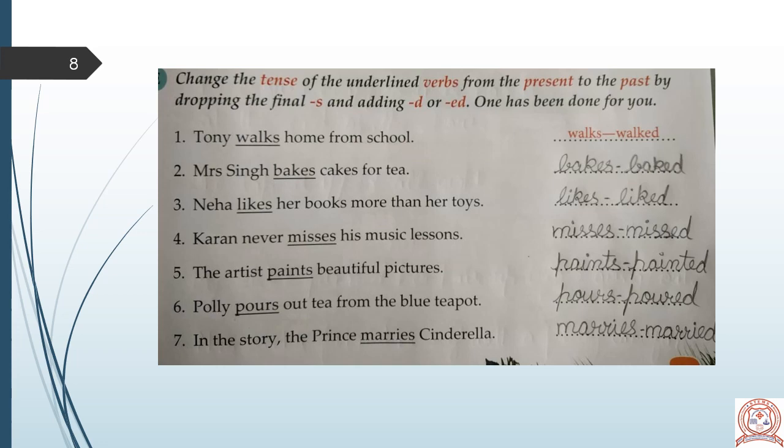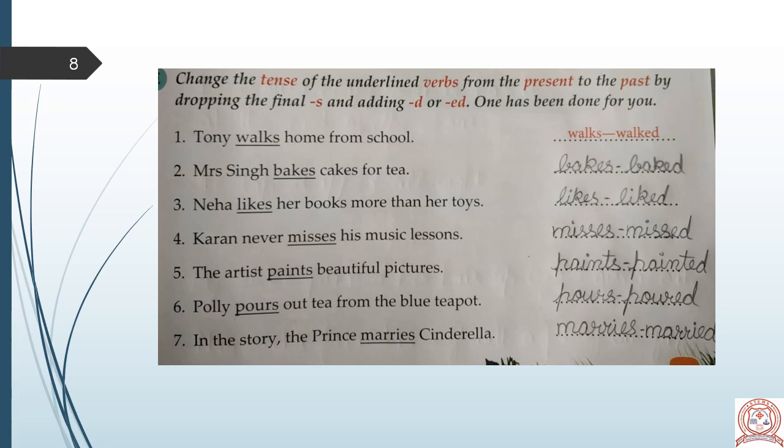Miss Singh bakes cake for tea. Bakes, bakes, and we have to remove S and it will become baked. Neha likes her books more than her toys. Likes, likes.